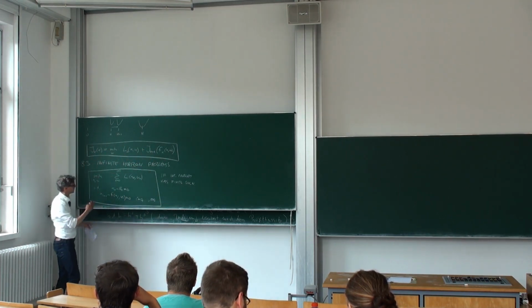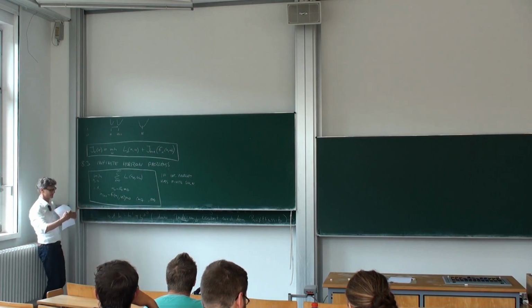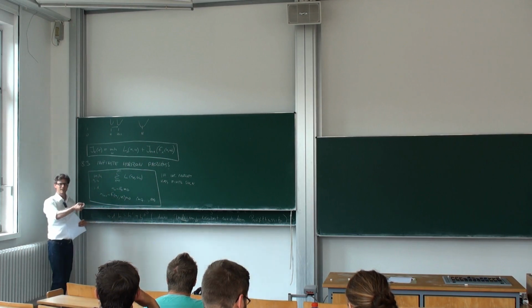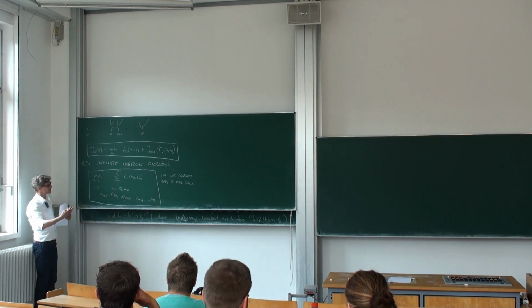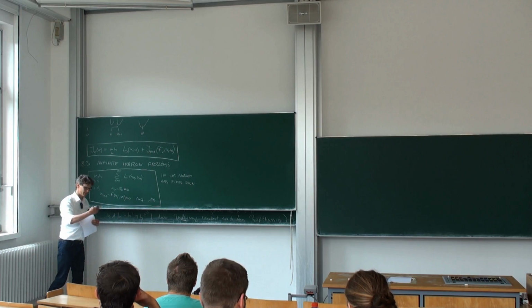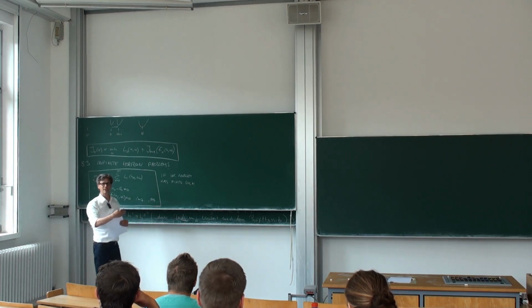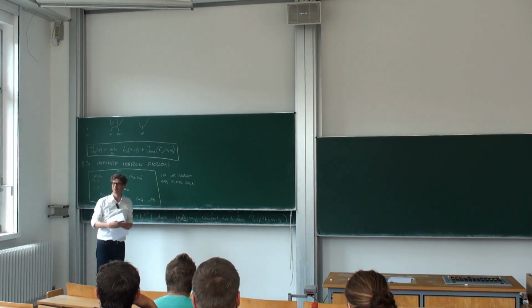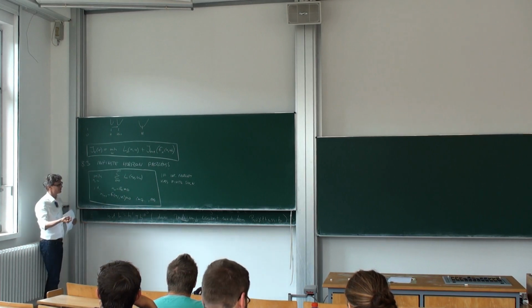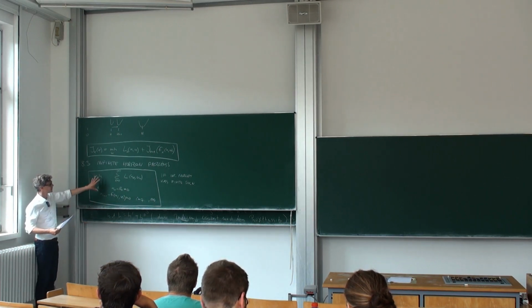Because if you have a cost to go function from one time step to the next one, and you always look into infinity, it's obvious that if you are one time step closer to infinity, you are still as far as before from infinity. So basically the optimal control problems do not change.